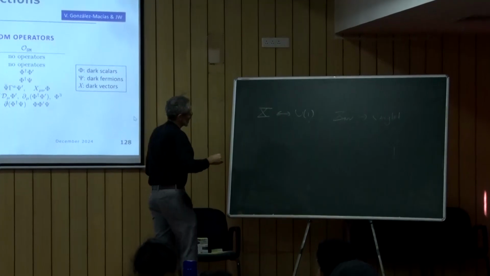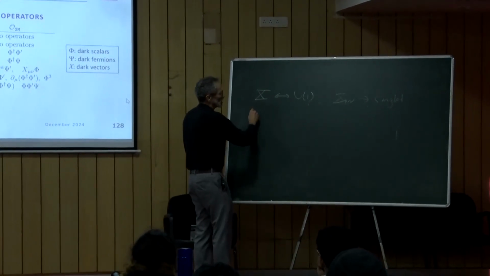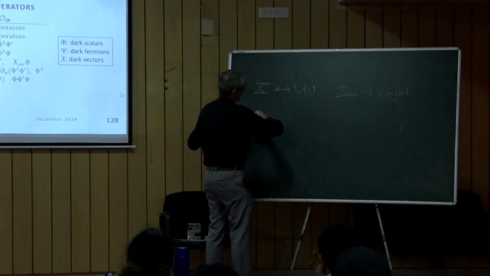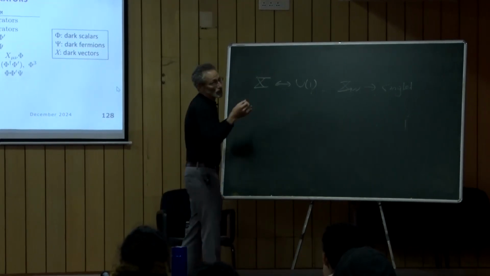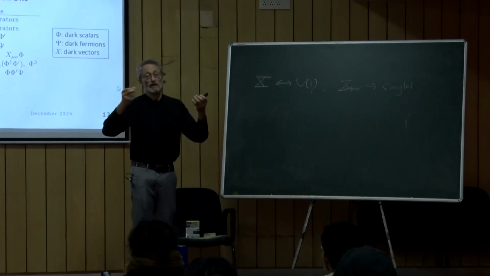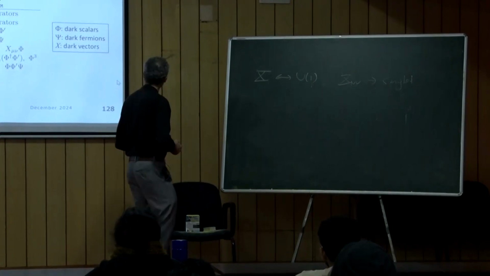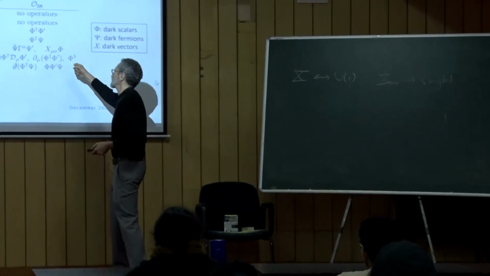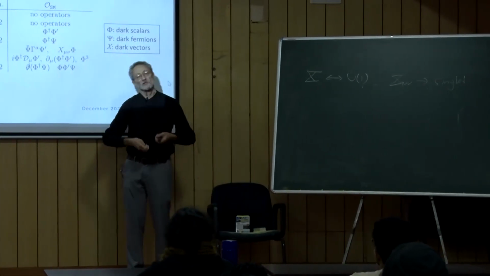Under those symmetries, X mu might transform into, I don't know, minus X mu, like a parity, and phi might transform into minus phi, the parity. So it is allowed.